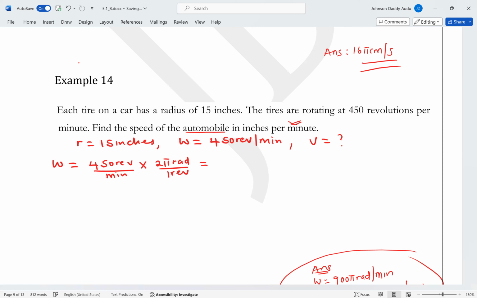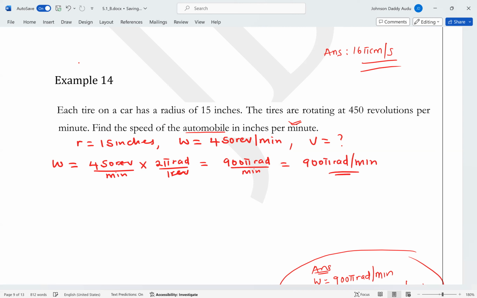And this will just give us 900 pi rad. You still have per minute because it stays. So this is just 900 pi rad per minute.